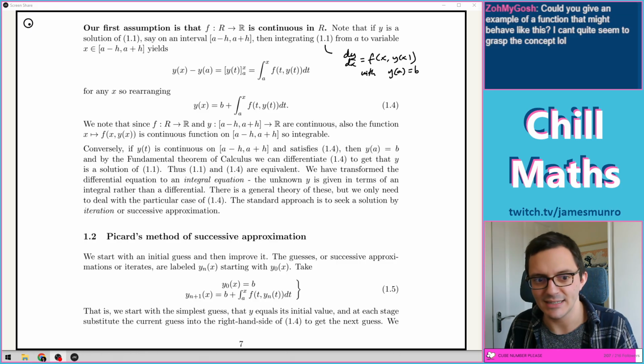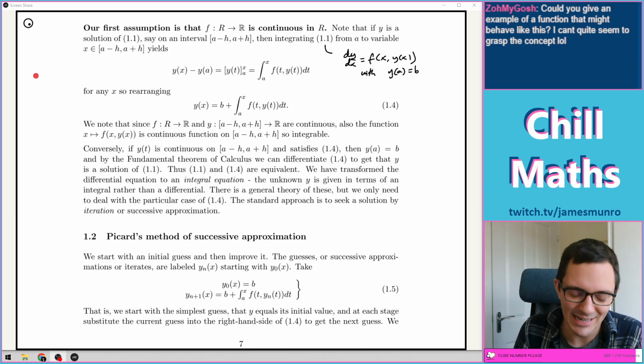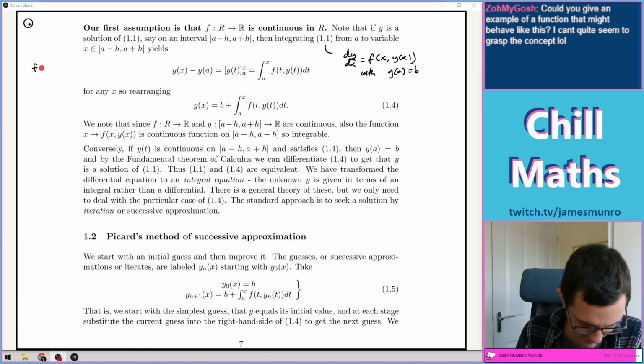A classic example, and this is maybe a bit too nasty to be the example I should show you, of a function that you can't integrate in this sense is if f is 0 for rationals and 1 for irrational numbers.